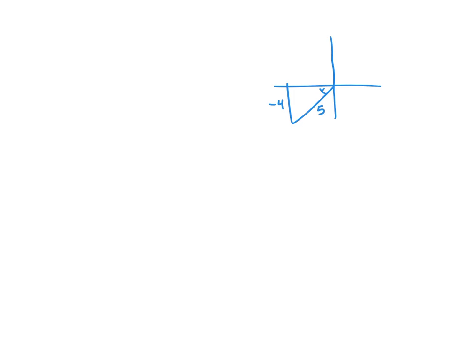But remember when I told you that your calculator will never give you an angle in the third quadrant, right? So if the sine of x is negative 4/5, and you do second sine of negative 4/5, what do you get? Go ahead and tell me. Negative 53. Give me 2 decimals.